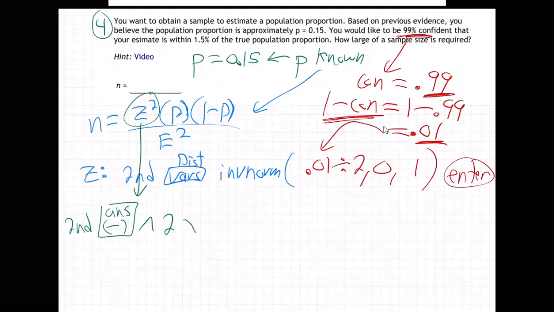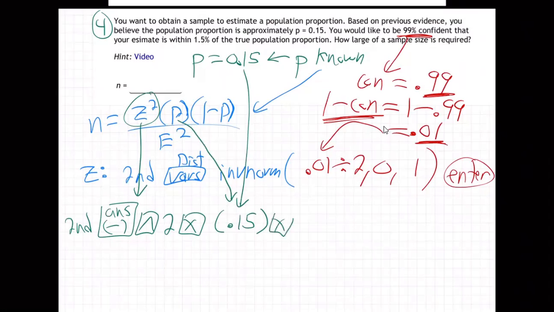And then you're going to want to go times parenthesis p, which is 0.15, and then times parenthesis 1 minus 0.15. That's the 1 minus p.